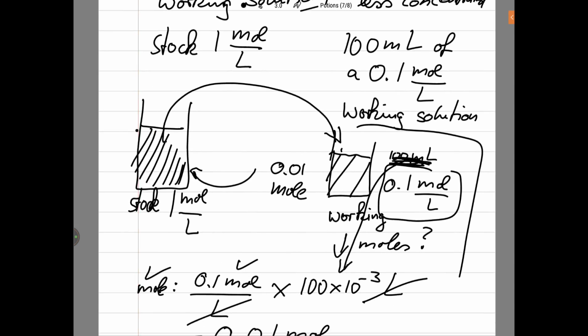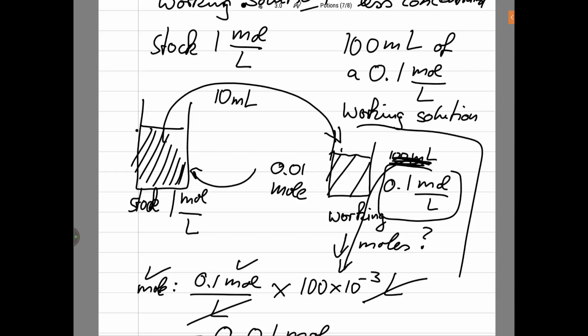So I want to take 10 milliliter of the stock, and that is exactly what I need, because this has exactly the amount of moles that I need in my working solution.